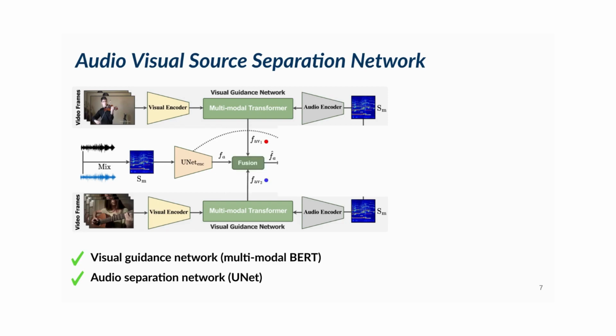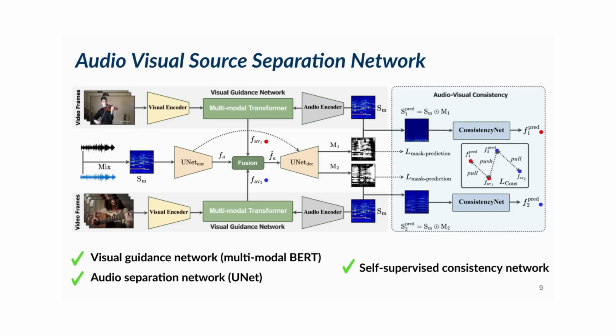Then the multimodal representation FAV is combined with the audio feature, resulting in a guided audio feature. The decoder of the audio separation network takes this representation as input and outputs a separated audio spectrogram mask. We then design a self-supervised cross-modal consistency objective as an auxiliary task that learns synchronization between the audio and its corresponding visual embedding.